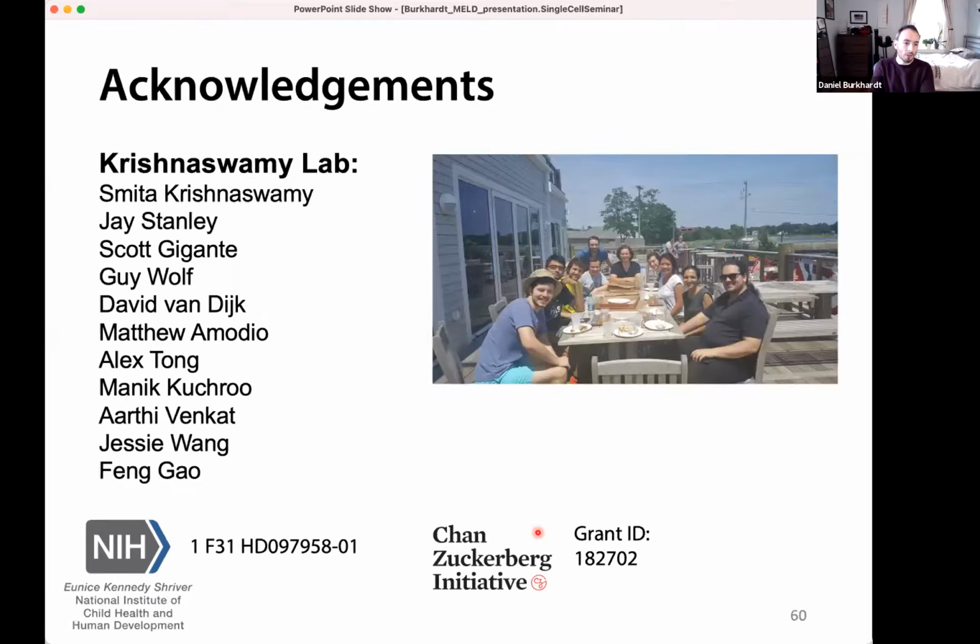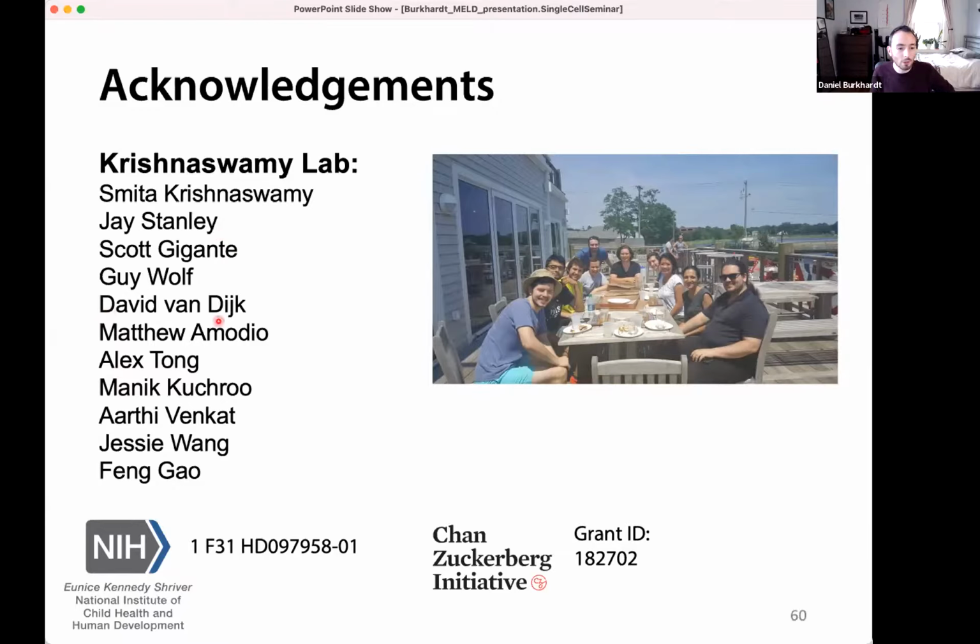With that, I just want to thank everyone in the Crispr lab, especially my advisor, Smitha. I realize this is a little bit of an old picture, but Smitha has been really helpful in guiding this project. Jay Stanley, who's now in the applied math department, has been really helpful in formulating the mathematical frameworks behind a lot of this, along with Alex Tong.